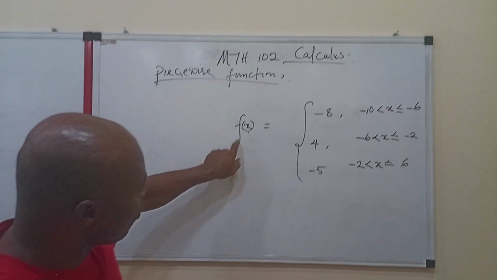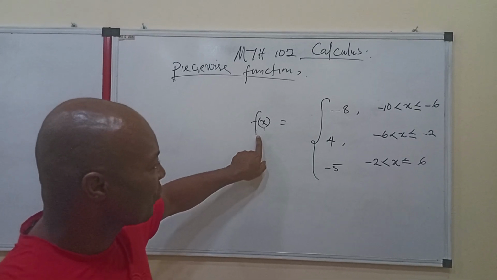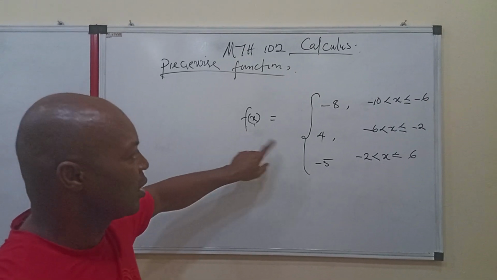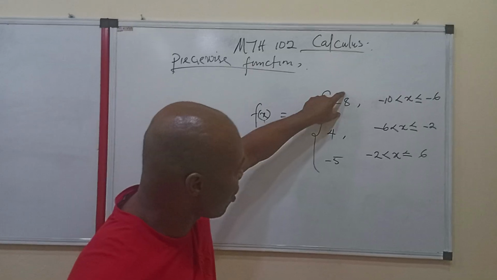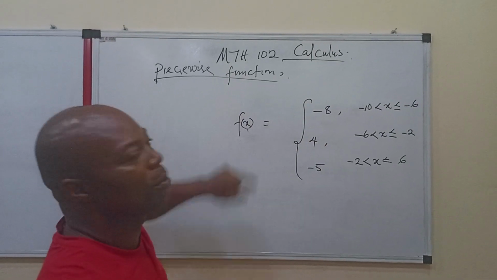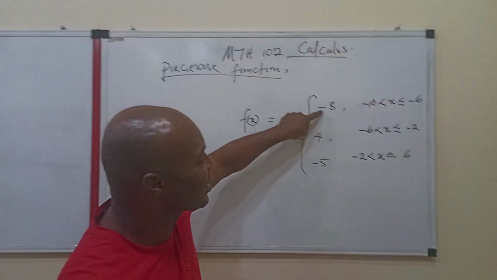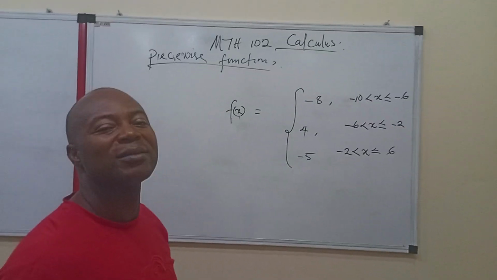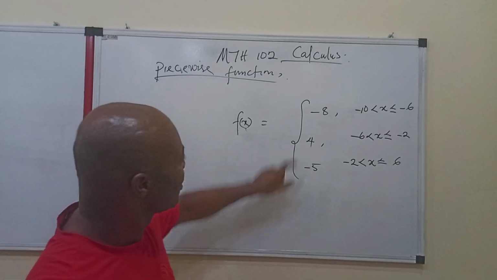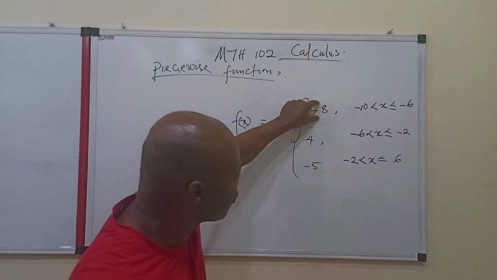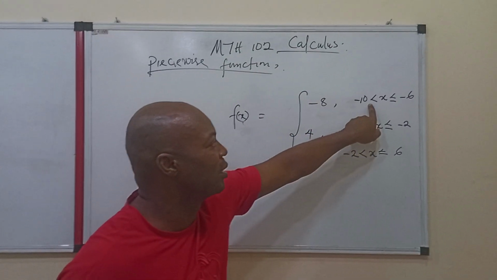Now make una look this function wey we get. This one na function wey these other ones na im make am up. E just dey like one woman wey get belle, wey get 3 children inside her belle. This one wey una see here na function. Im get im own domain.